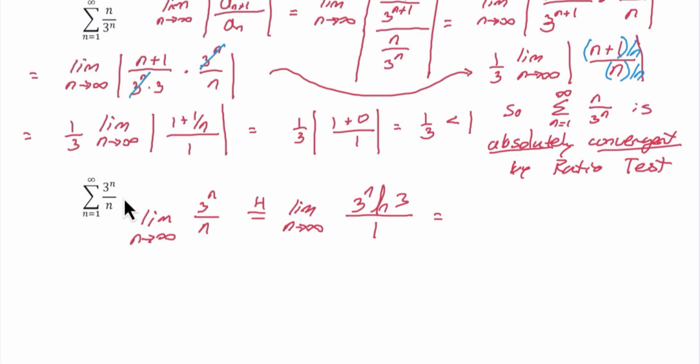And we can see that this is simply going to be infinity. So that tells us that the original series diverges by the test for divergence.